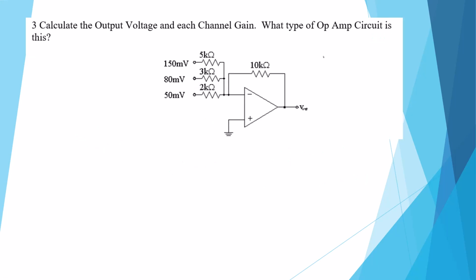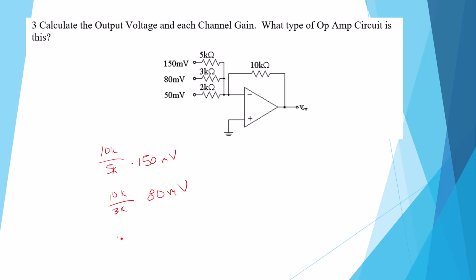This is a summing amplifier where we're going to look at each of these separately and we're going to sum them up. So the first thing is going to be our gain. So we have 10k over 5k times 150 millivolts, and then we're going to have 10k divided by 3k times 80 millivolts, and we're going to add these as we go.